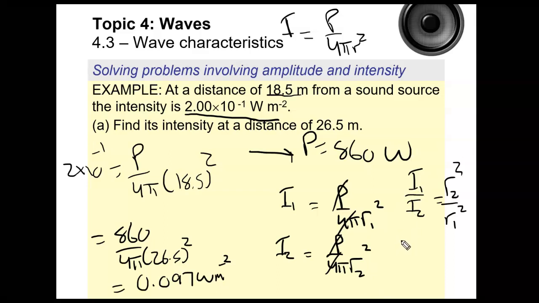Okay, and now I could just solve for the intensity at whatever distance I want. So let's say this is R2, this is R1, and I want to find I1, then that would just be I2 times R2 squared divided by R1 squared.